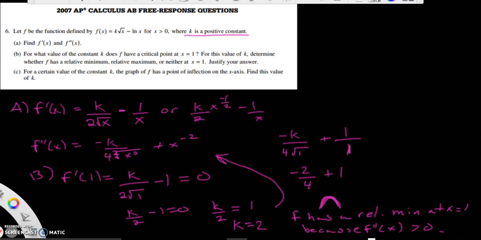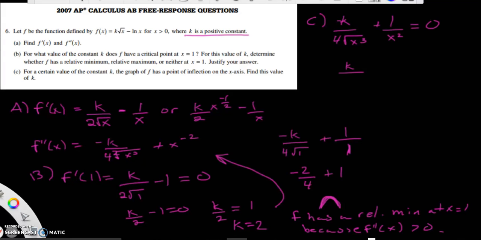Okay, part C. For a certain value of constant k, the graph of f has a point of inflection on the x-axis. Find this value of k. So it's where the second derivative equals 0, right? So let me put it over here. We have negative k over 4 x to the 3/2 plus 1 over x squared has to equal 0, right? So now we have to get k by itself.